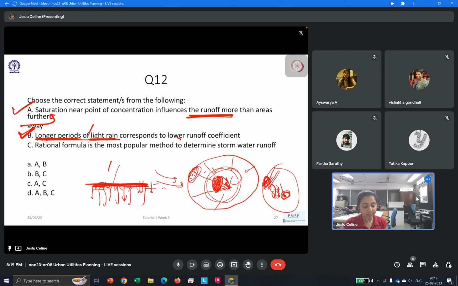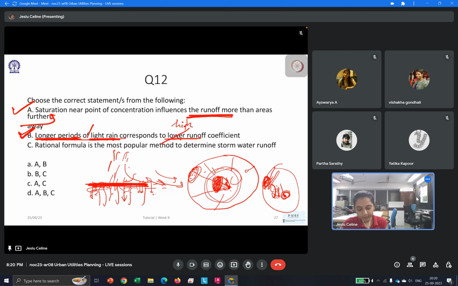Now if the soil gets saturated, then whatever rain falls, it's already saturated, which means it's blocked. So there will be more runoff, and your runoff coefficient will be higher for longer periods of light rain.